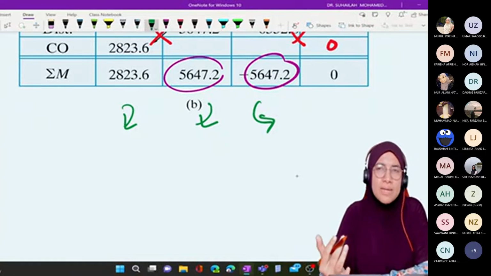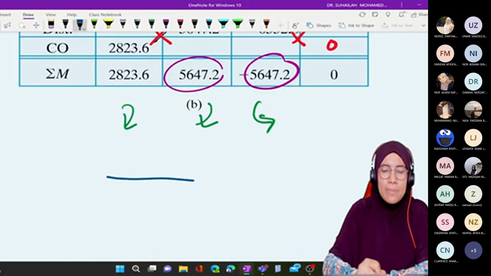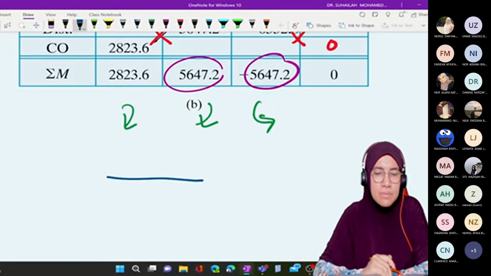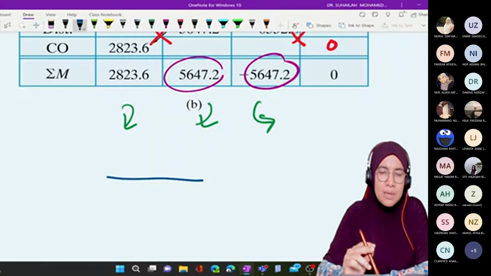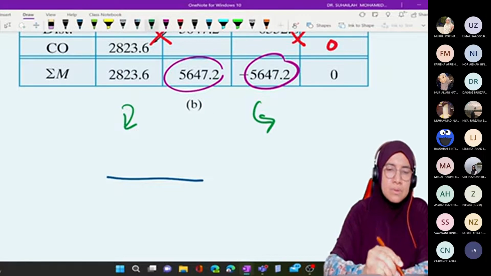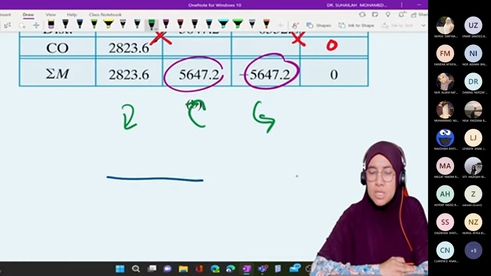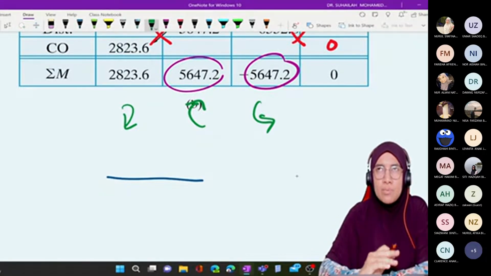So when we draw the bending moment diagram for member AB, one negative, one positive. Okay, both positive, both clockwise.